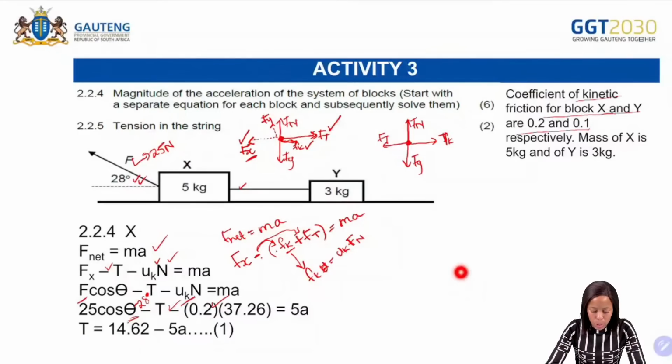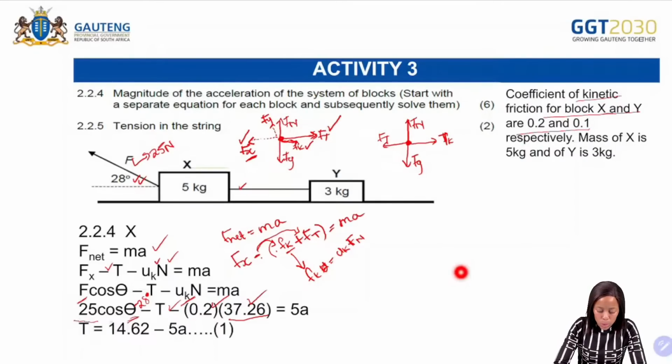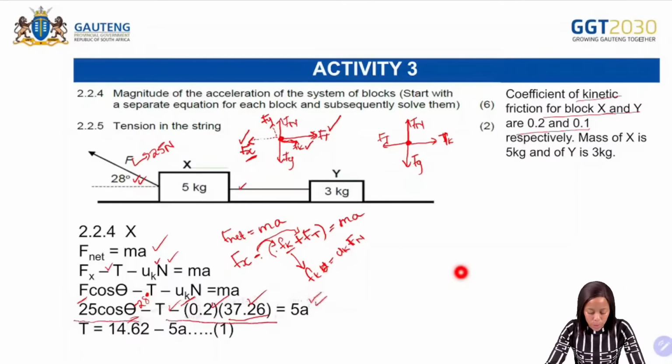We are therefore going to substitute the coefficient of kinetic friction. Remember, on the previous question, we calculated the normal force. So from there, you solve whatever you have on the left-hand side, and on the right-hand side you'll be left with 5a.